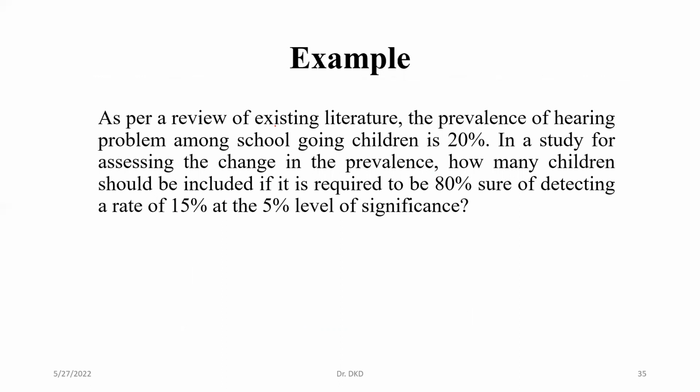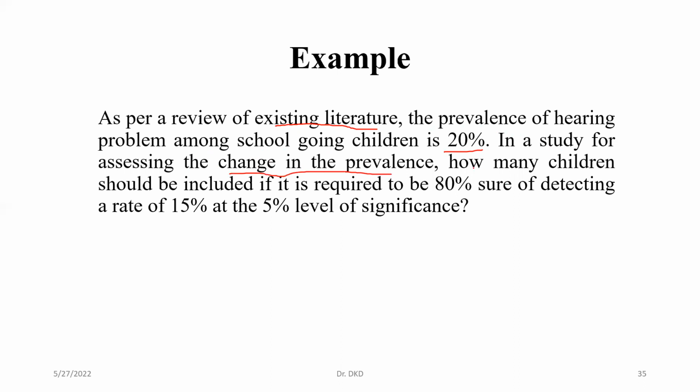As per a review of existing literature, the prevalence of hearing problems among school going children is 20%. This is given in a study for assessing the change in the prevalence.